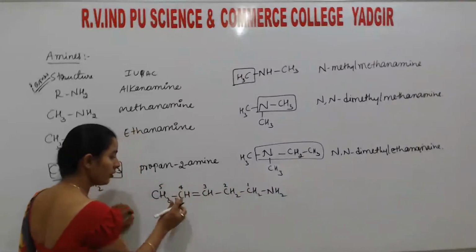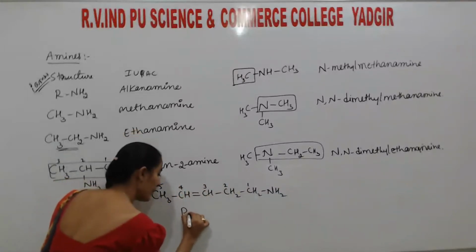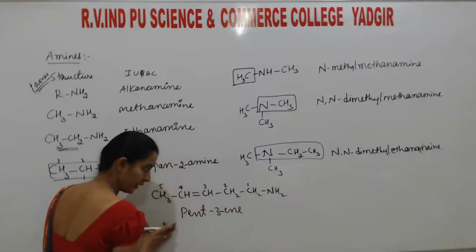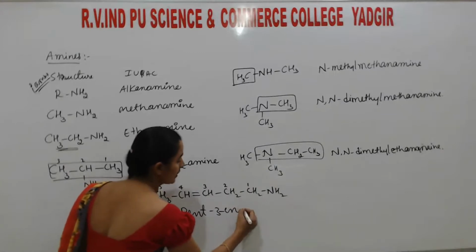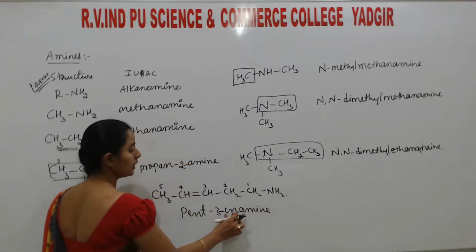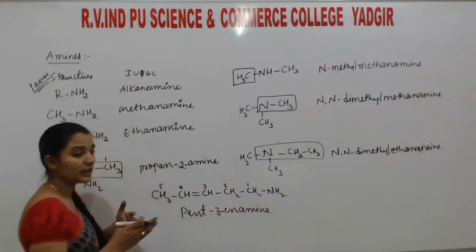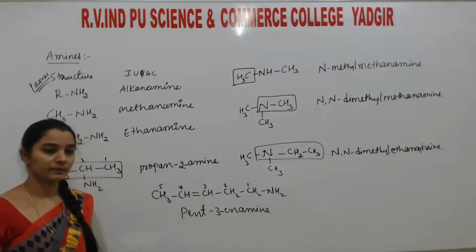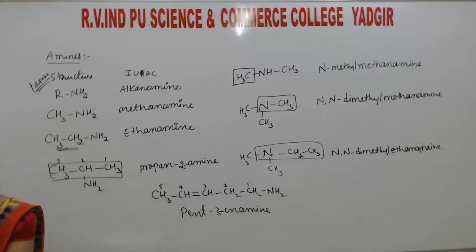That is at the third position double bond is there. Parent chain is pent-3-ene, that is pentene. The last is replaced by amine, that is pent-3-en amine, means pentene amine. Third position, this group is there. Understand?